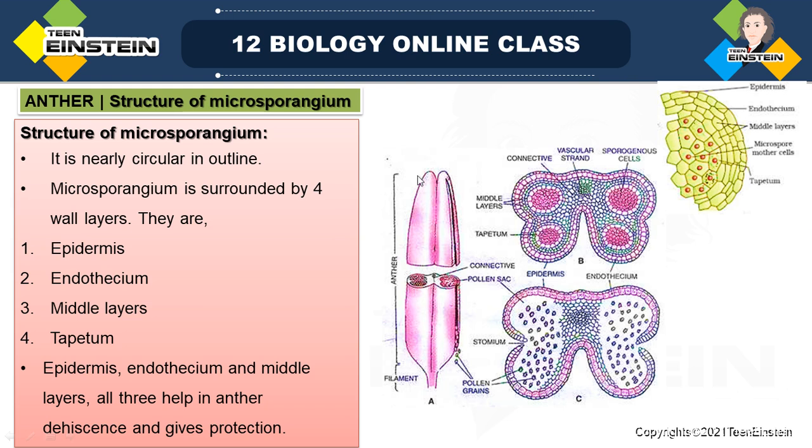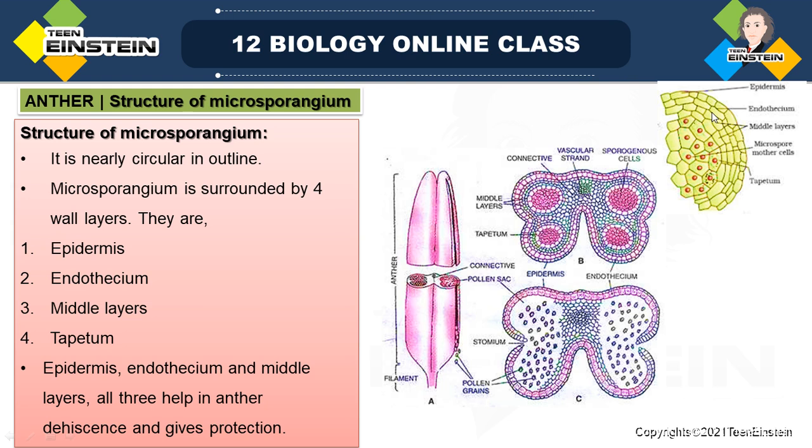The microsporangium is surrounded by 4 wall layers. Here you can see the microsporangium in the enlarged part. Which are the 4 wall layers? The first, outermost layer is epidermis, and second is endothecium, just next to the epidermis.